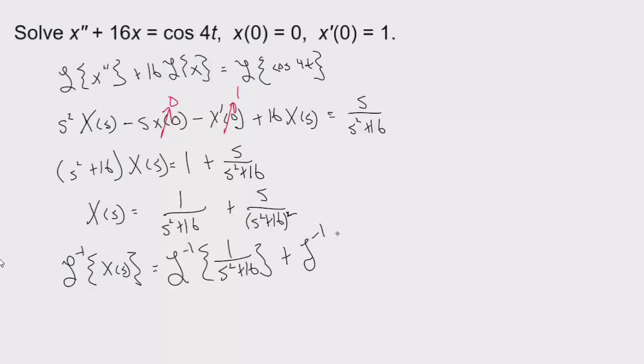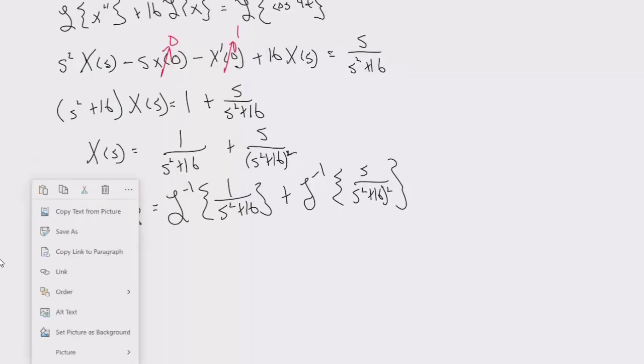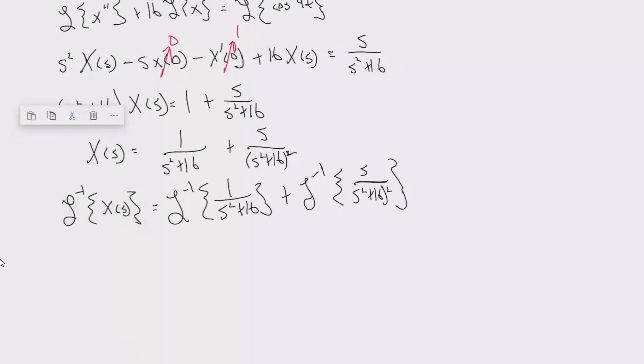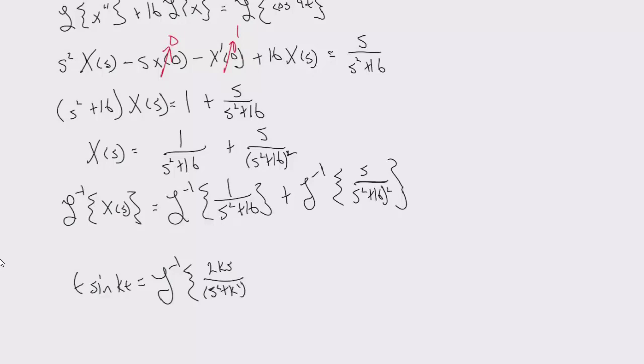And this is where I'm going to remind us of a pattern we just learned. Okay, so we actually just saw, let's do the side quick reminder here. So we just saw this pattern for t sine of kt, which was the inverse Laplace of 2ks over s squared plus k squared, squared, which fits this term pretty well.